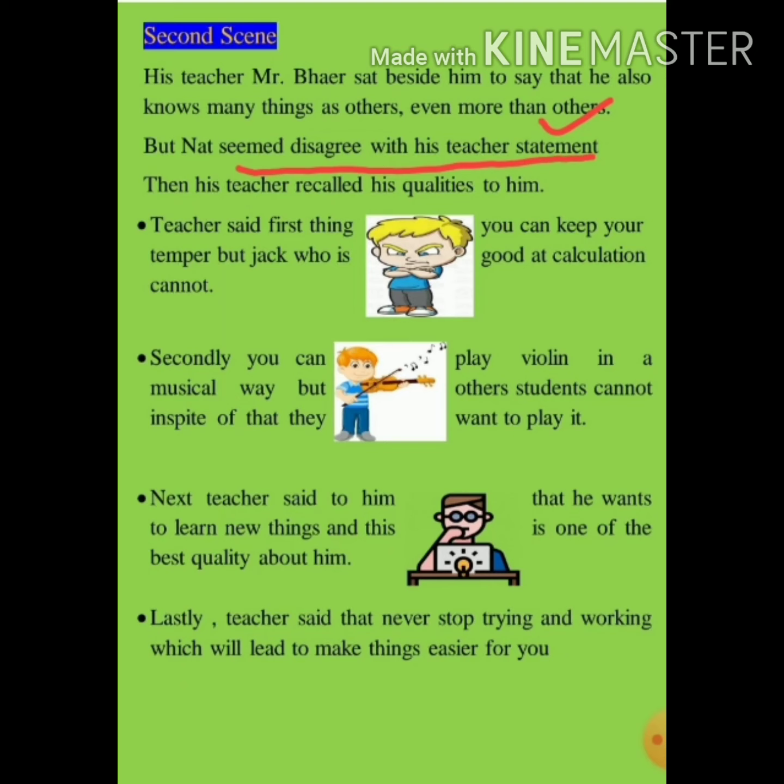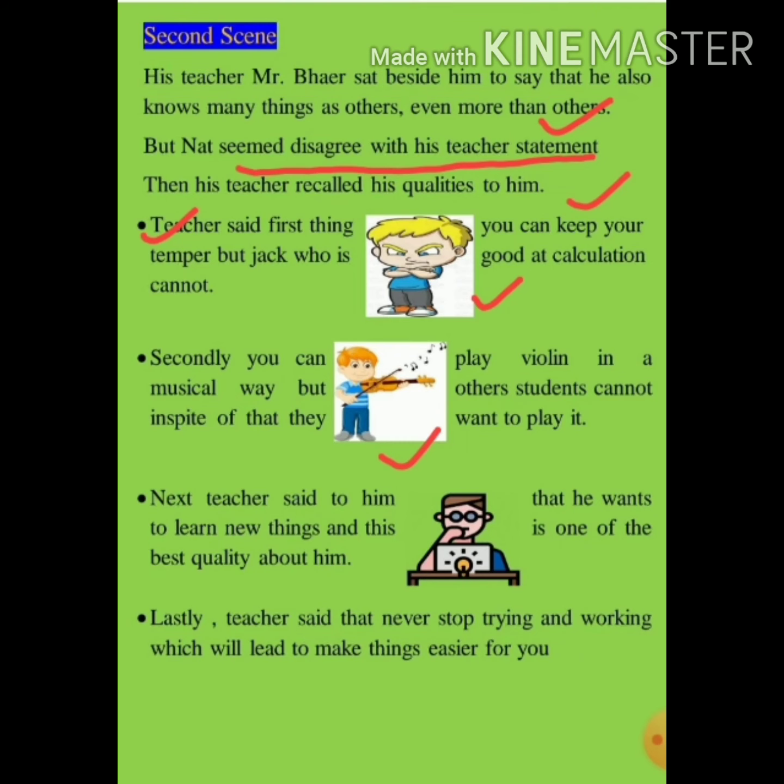Then his teacher recalled some of his qualities. The first quality, the teacher said, is that you can control your temper, which Jack cannot. Jack is very good in maths, it's okay, but he cannot hold his temper as you can. Secondly, you play violin very well, but other students cannot.